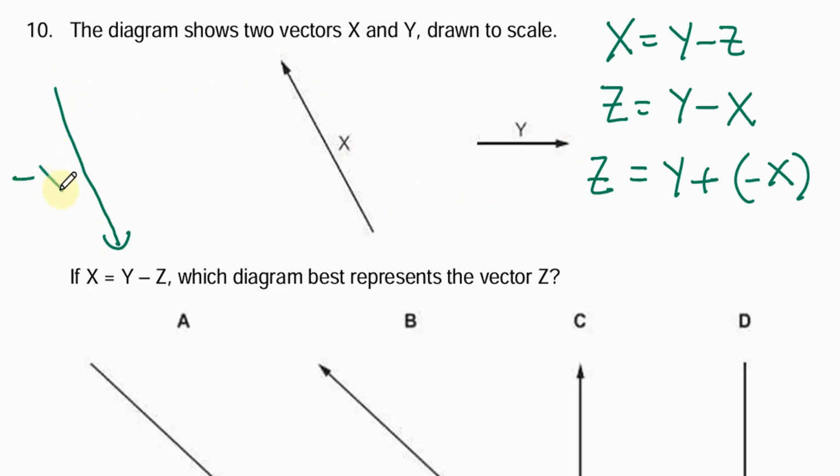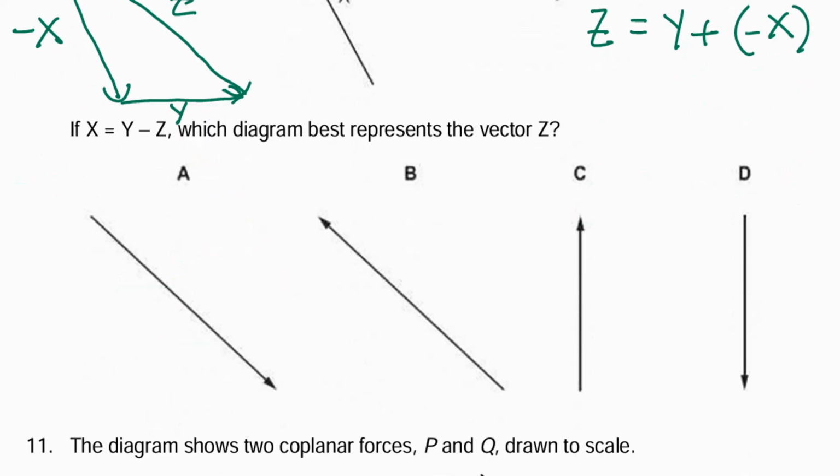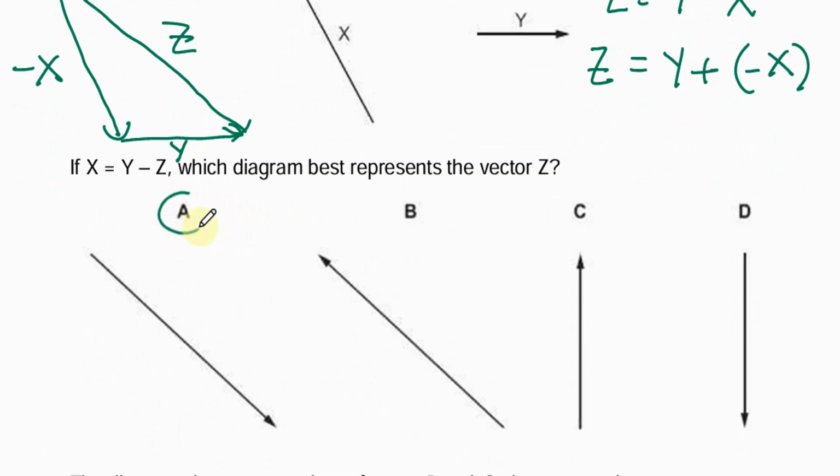So this is negative x. And we know that z must be the resultant of y and negative x. So we can draw negative x and y head to tail. Then the resultant will be from the tail of negative x, the tail of the first vector, to the head of y, the second vector. So this will be z. And our answer, of course, here is going to be A.